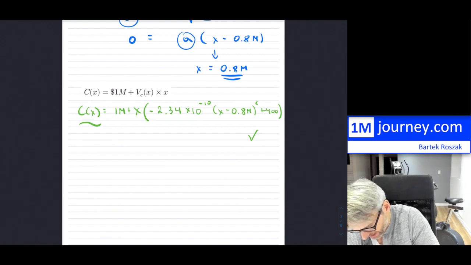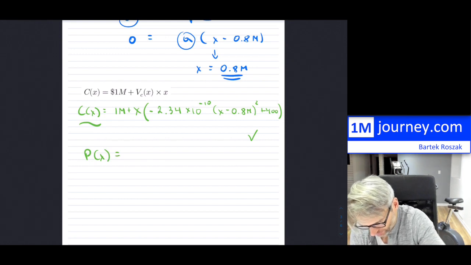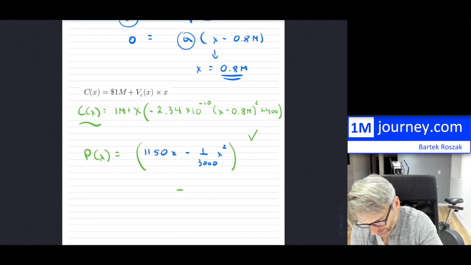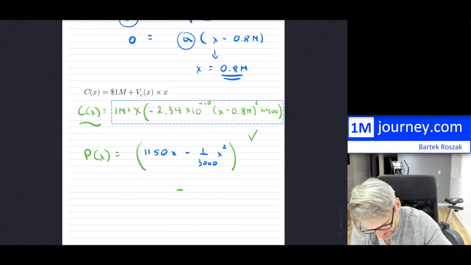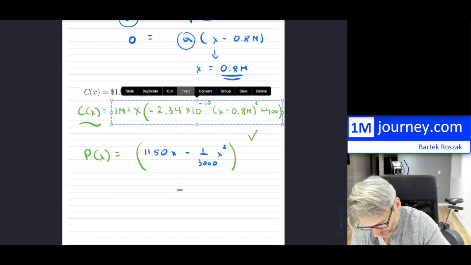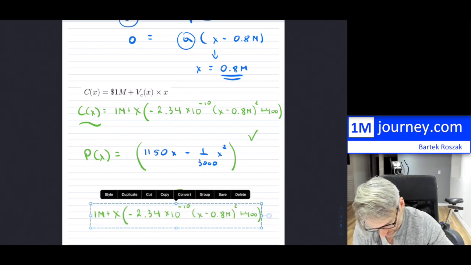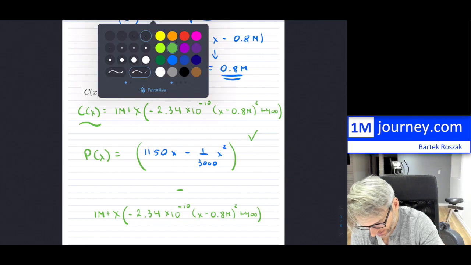Now we want to know what the profit is. It is equal to revenue minus all of this junk right here. So copy, paste. Okay, so that is the total cost that I have.